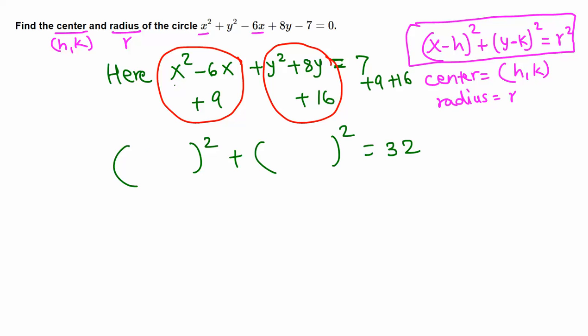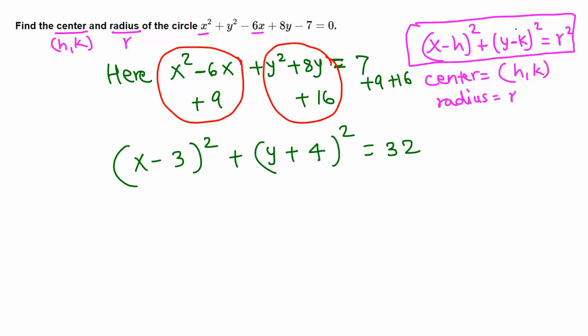Here this will be x, and the negative sign, negative. This was 3 squared, so (x minus 3) quantity squared. You can check by FOILing x minus 3 with x minus 3: you'll get x squared minus 6x plus 9. Similarly, here it's a plus sign, and 16 was 4 squared, so (y plus 4) quantity squared. If you FOIL y plus 4 with y plus 4, you get this back.